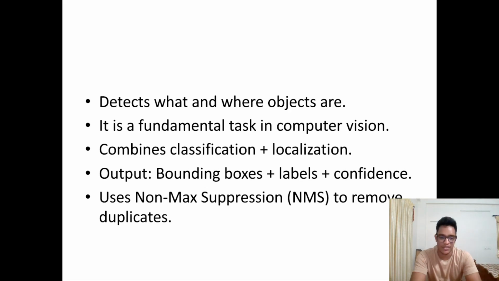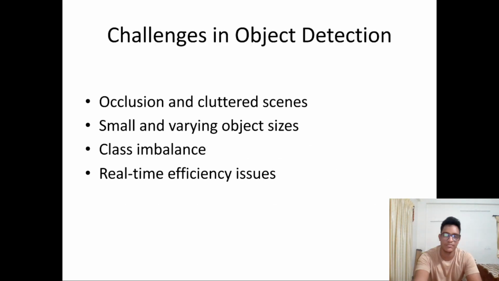So when many bounding boxes are created, each of them has its own confidence level. We only select the one with the highest confidence value, and we do not want the other boxes. So we remove the other duplicates by using non-max suppression.